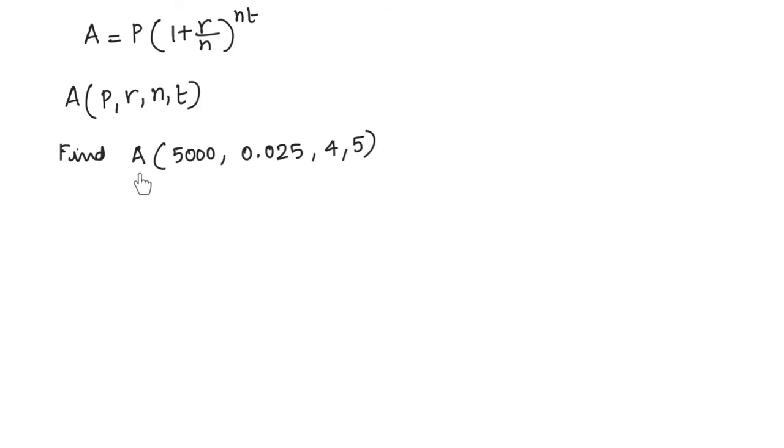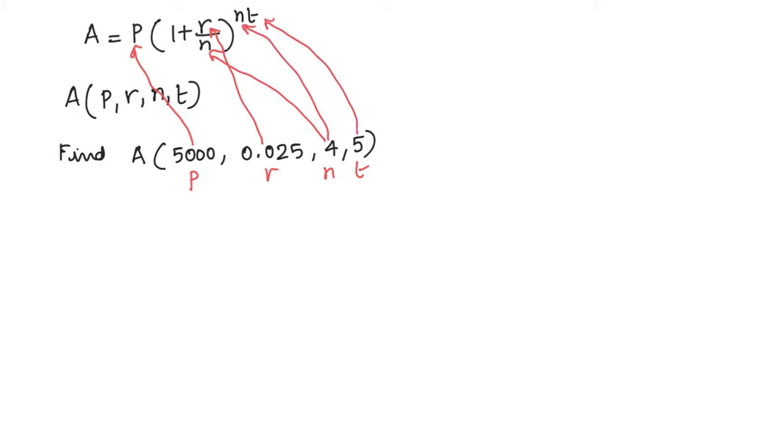If you get a question like this, find A of 5000, 0.025, 4, 5. P corresponds to 5000, r is 0.025, n is 4 and t is 5. Substitute these values into the corresponding variables in the formula, and you can use the calculator to find the value. So substitute this value for P, this is r, this is for n, and this is for t.